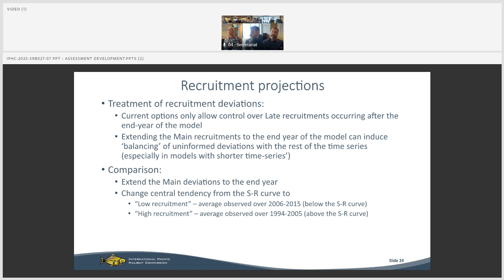I just did a low recruitment, a recruitment right off the curve, and then a high recruitment, consistent with these time periods that we've seen over the last few years. We've had a period of low productivity from 2006, and much higher recruitment over the period 1994 to 2005 to generate some contrast so we can see the feedback.